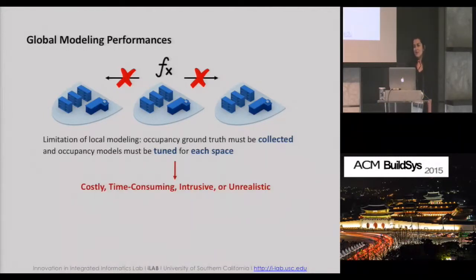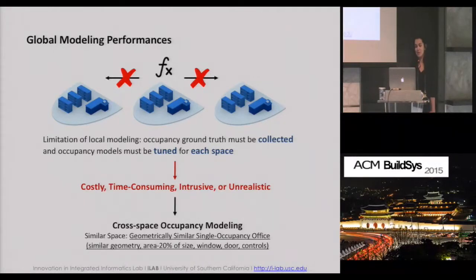However, this is quite costly, time-consuming, and intrusive, and in most cases it's really unrealistic to have the ground truth for each space. And what I mean by space is each room in a building. So what we propose here is cross-space occupancy modeling.